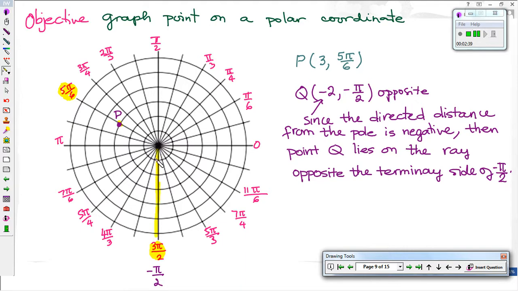This is the terminal side of negative pi over 2. If the directed distance is positive, then the point will stay on the terminal side. However, since the directed distance is negative, the point will stay on the opposite side of the terminal side. So from the pole, you count in the opposite direction. You count 1, 2. So this will be point Q.